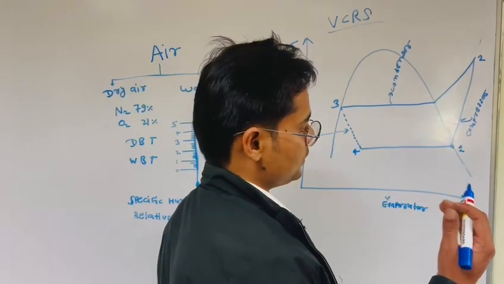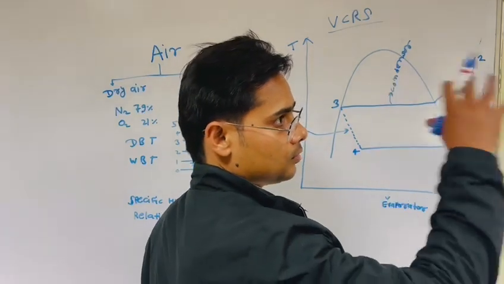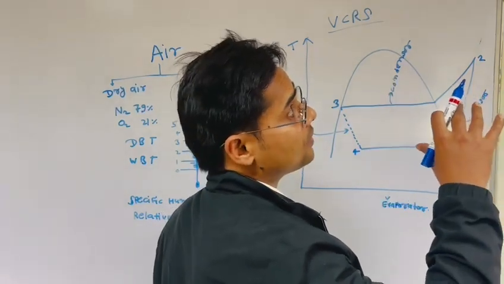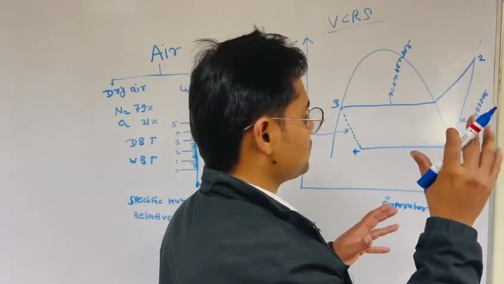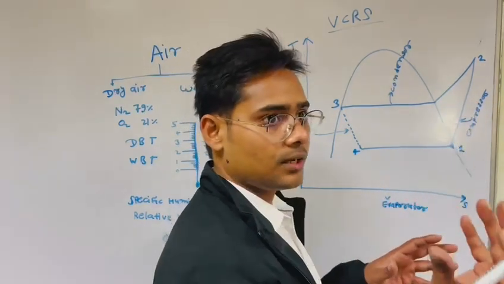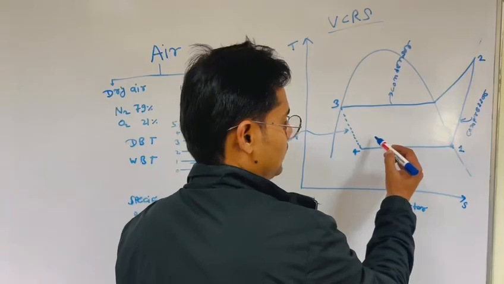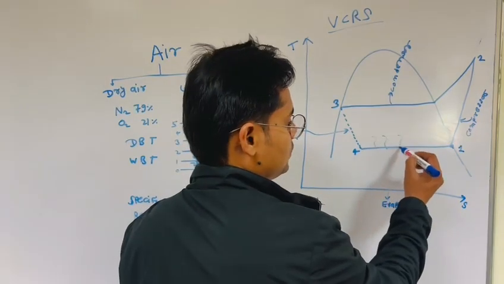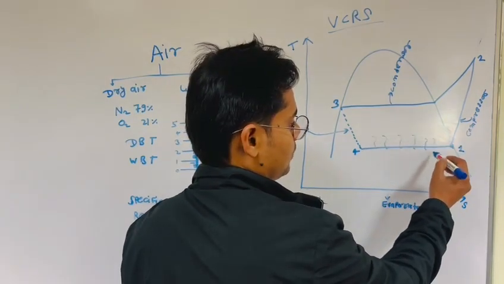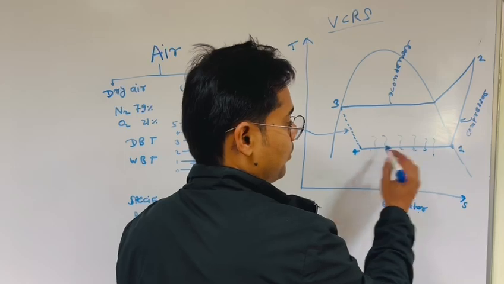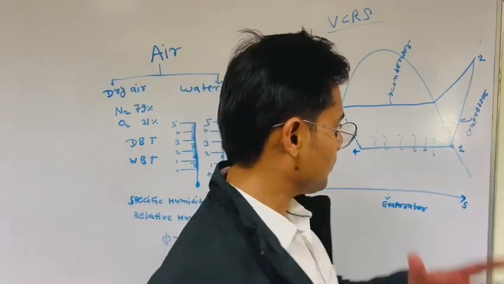If we talk about air conditioning, you can see the fan in the air conditioner, and it just extracts the heat from our room and exerts it onto the evaporator.